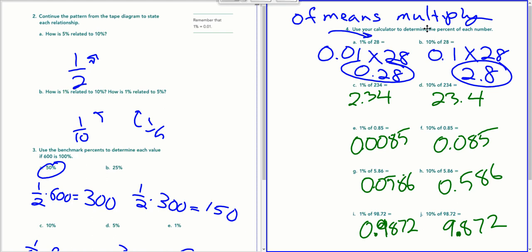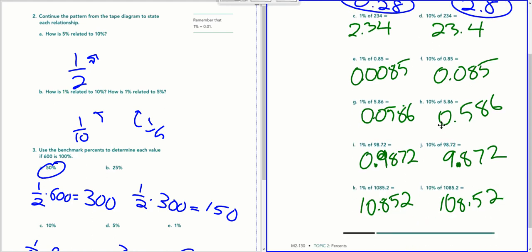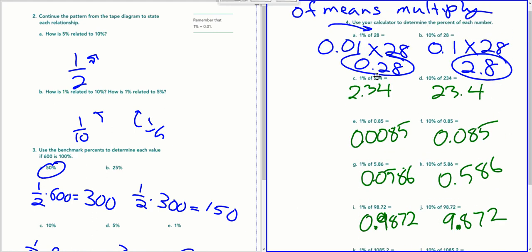And so you might find a pattern here: for 1%, you move 2 place values over, and for 10% you move 1 place value over. And you'll see that all the way down.